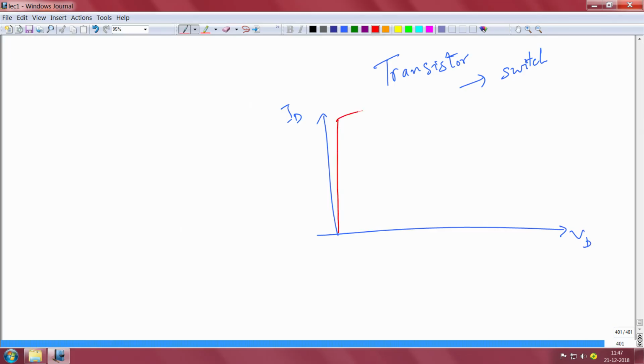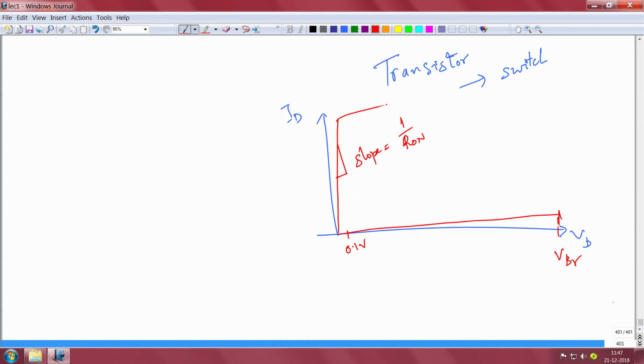And when it is off, it should block very large voltages at very low current. Breakdown voltage is here, and the slope here is basically 1 by the resistance. You want the on resistance to be very low, which means at a very small voltage drop like 0.1 volt, you are able to carry very high current. It's almost like a metal, and at very large voltage you are blocking it in the off state.